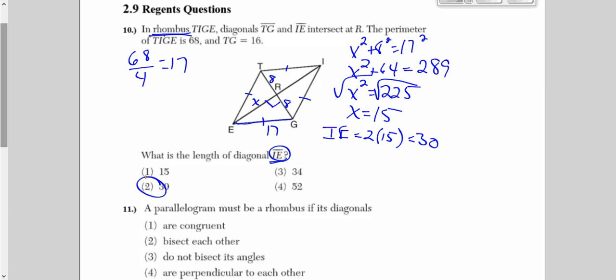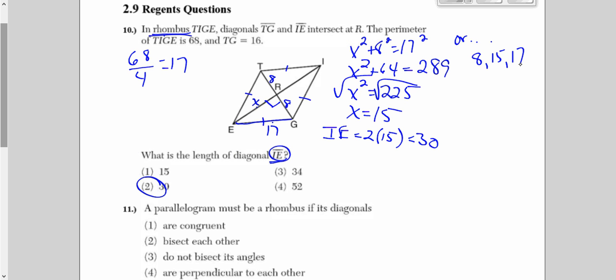Did we? No. Why not? Instead of all this, are these all integers when we got done doing it? So is that a triple? 8, 15, 17?